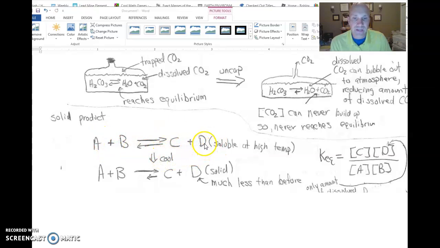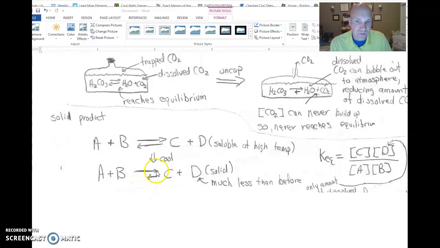But what would happen if we were to take this and cool it down? If we cool this down and some of that dissolved D starts becoming undissolved D, it forms a solid, and the solid, let's say, just sinks to the bottom of the solution. Essentially what that's going to cause is that your concentration of D is going to go down, because remember, this is the concentration of dissolved D. If that isn't soluble, then this concentration right here goes down.